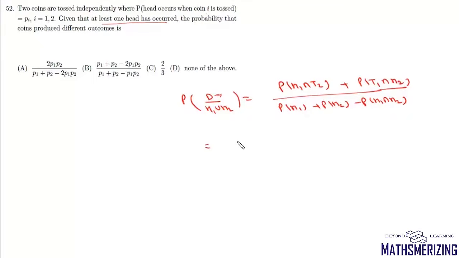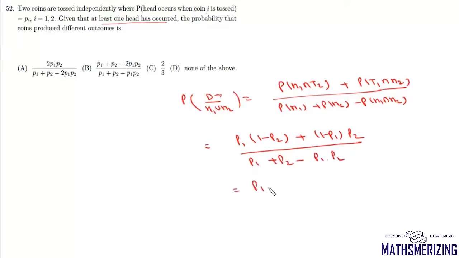So we can write probability of H1 as P1 and the probability of second tails as 1 minus P2, and in the same way it is 1 minus P1 and P2, upon P1 plus P2 minus P1 into P2. So we can write this as P1 plus P2 minus 2 P1 P2 upon P1 plus P2 minus P1 P2, and that's your option number B.